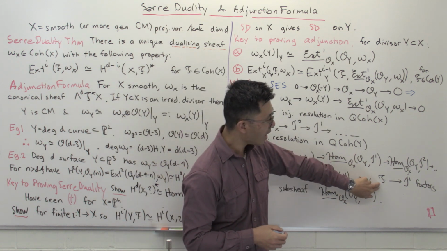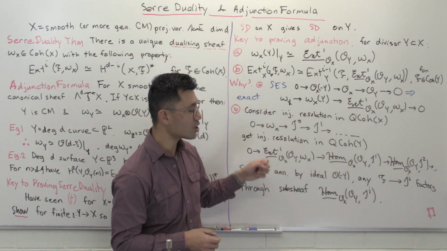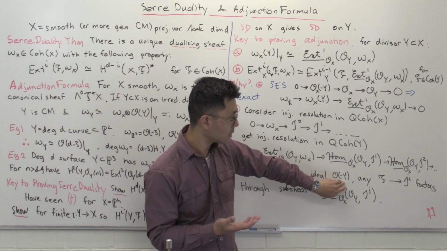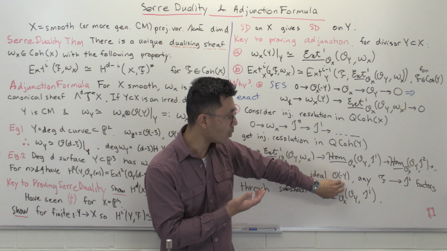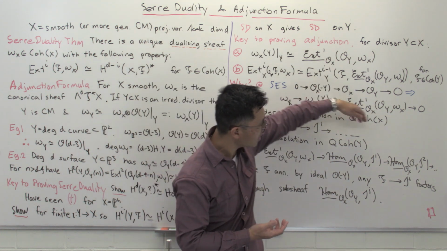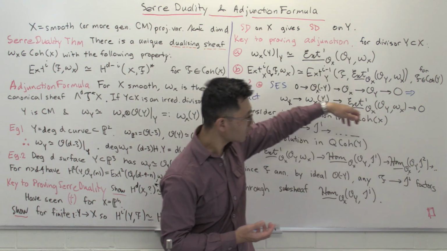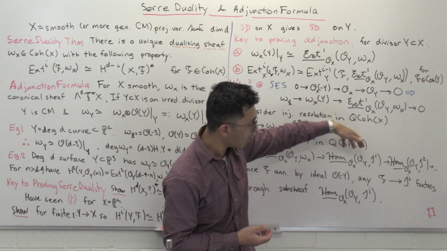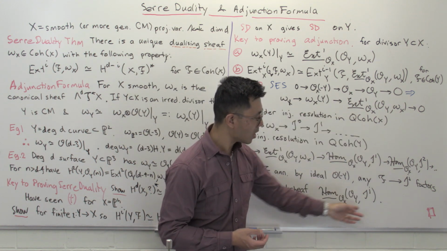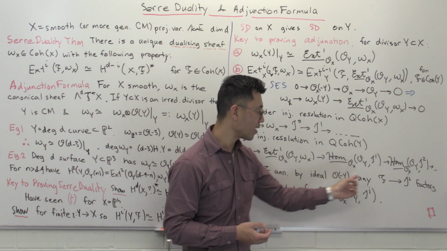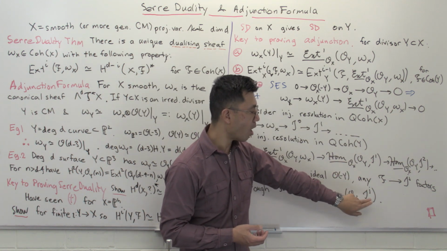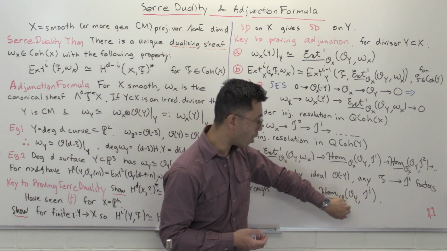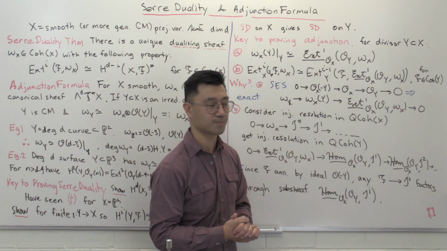But since F is actually a coherent sheaf on Y, it's annihilated by the ideal sheaf of Y, if you think of it as a sheaf on X. So when it maps into any of these IJs, it has to map into the bit which is annihilated by the ideal sheaf of Y, and that's precisely these sheaves here. This sheaf here is basically all the sections of IJ which are annihilated by the ideal sheaf of Y, so that you get a hom from OY into IJ, in fact.